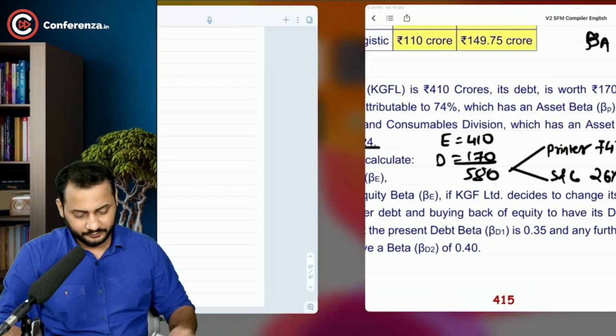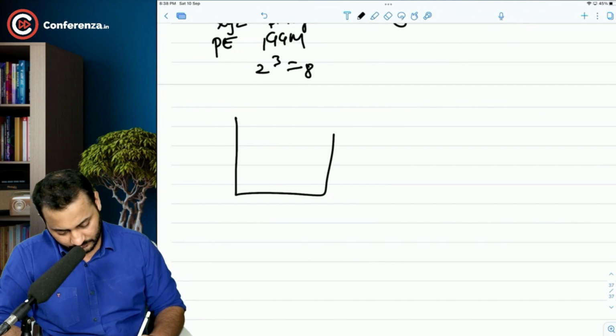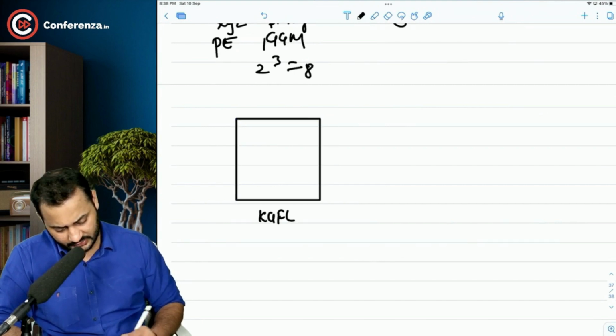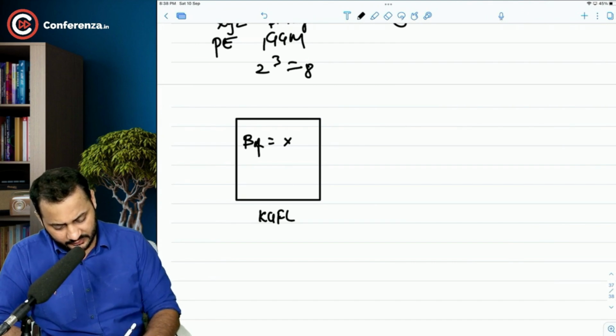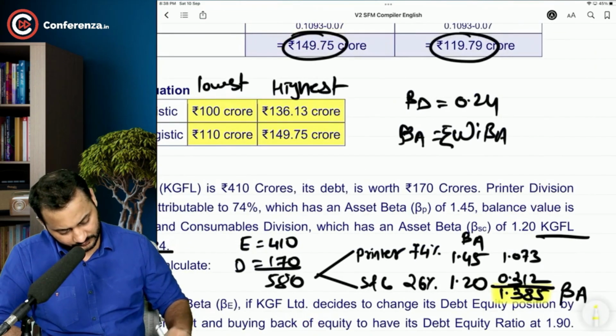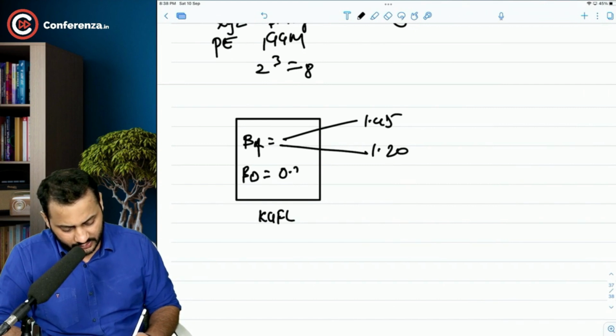Do you get that? Let me show you. This is KGFL. Beta asset is given in two different formats, 1.45 and 1.20, and the debt beta is given as 0.24.